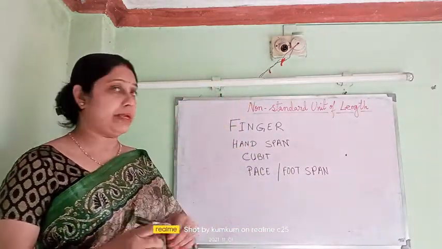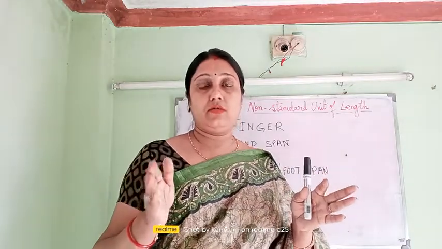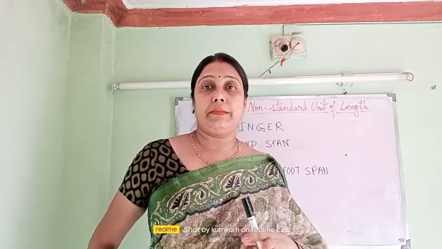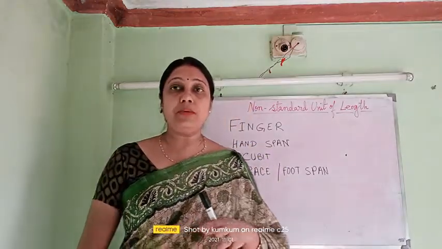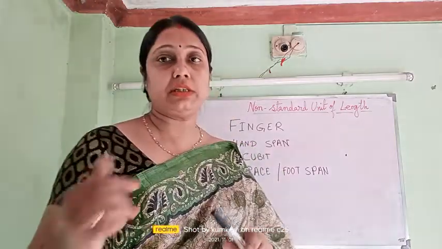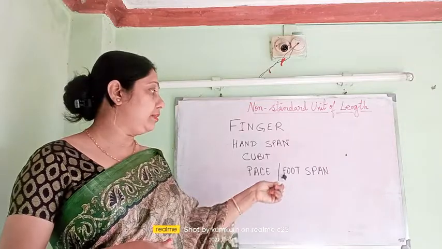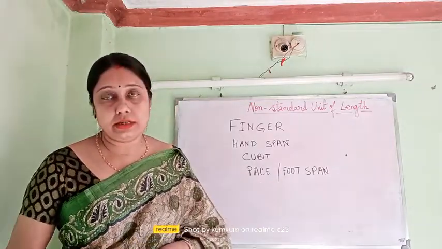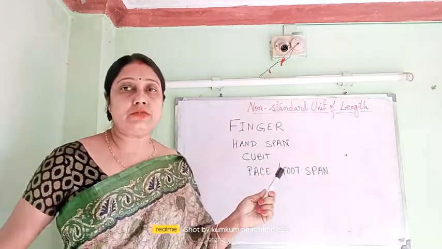Next comes the pace. Distance between two feet while you walk, normal walking, that is known as pace. And foot span, if you walk, how many footprints are required to measure the playground. So we can count and tell them in the non-standard unit form. But all these measurements will vary from person to person.